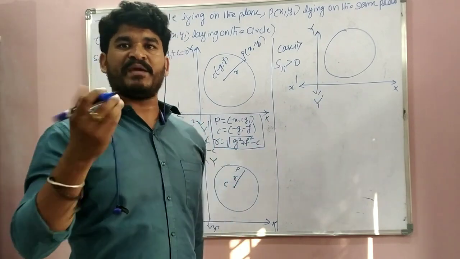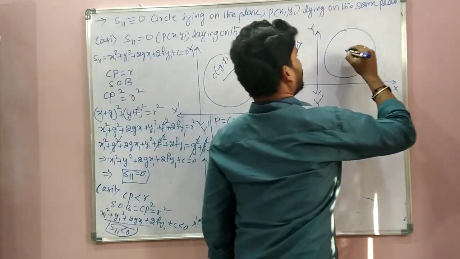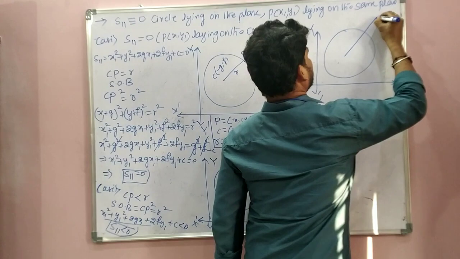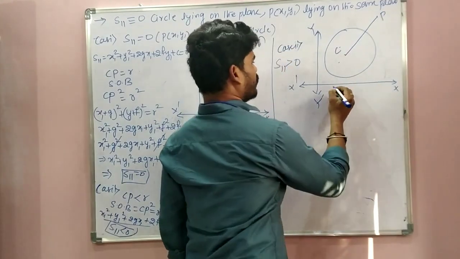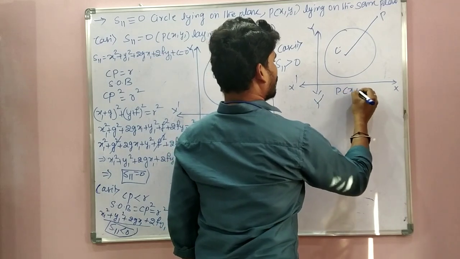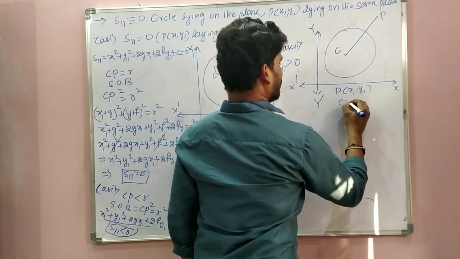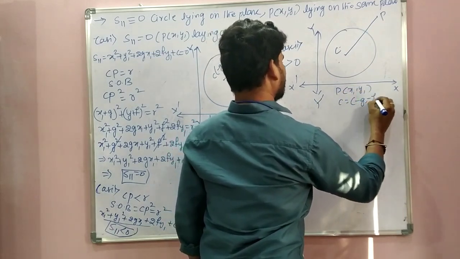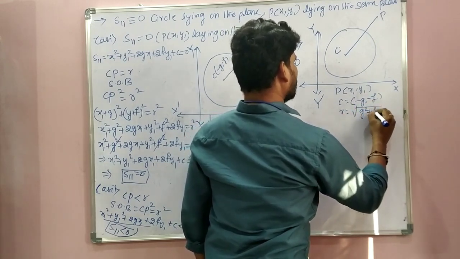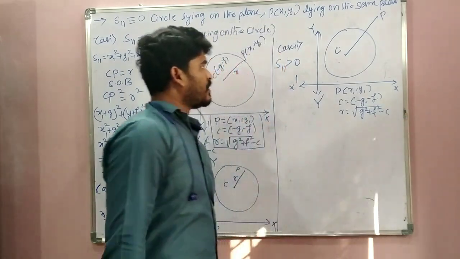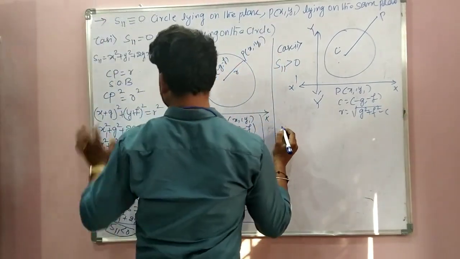The P point is lying on the exterior of the circle. This is the P point, this is the center point. P point is x1 comma y1, and the C point is minus g comma minus f. Same way, R is equal to root of g square plus f square minus c.